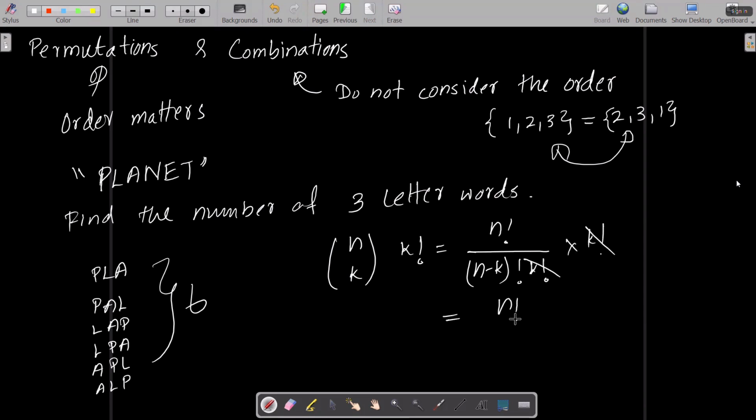We have this n minus k. We denote this as NPK. P is for permutations. For combinations, we said that it is NCK. And NPK is n factorial divided by n minus k factorial.